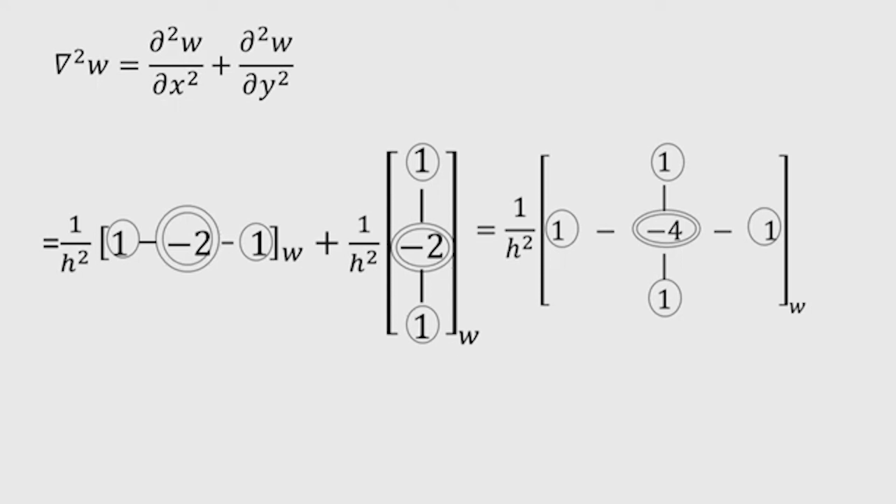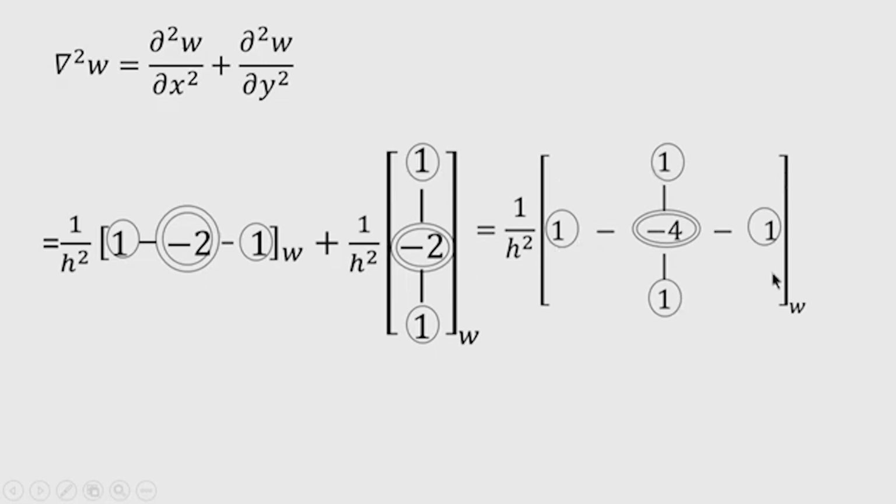Okay. So, if these two are added, very easily you can see that del square W is nothing but 1 by h square times: 1, this term will be 1, and then minus 2 and minus 2 gives minus 4, then it is 1, then on the vertical side you are getting 1 and 1.